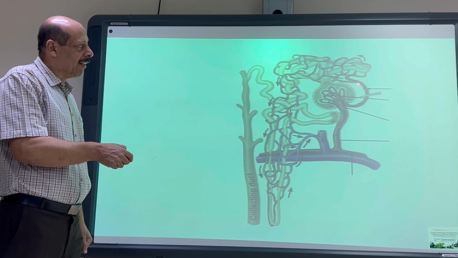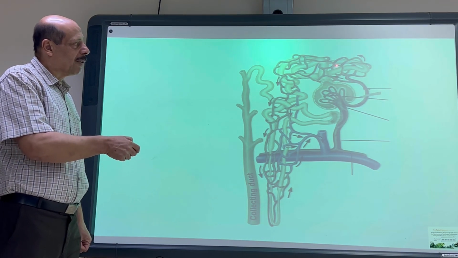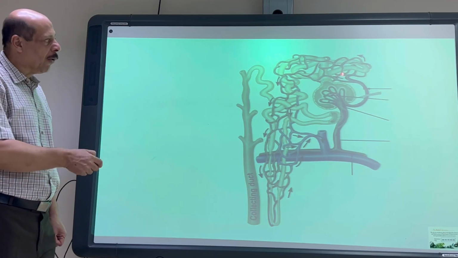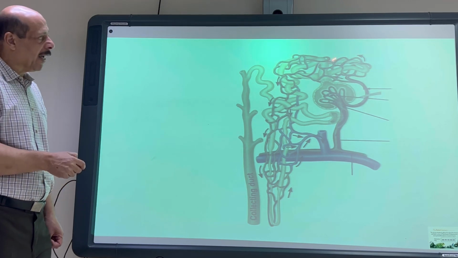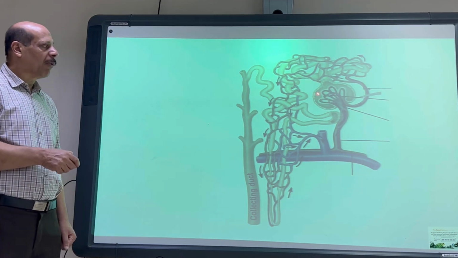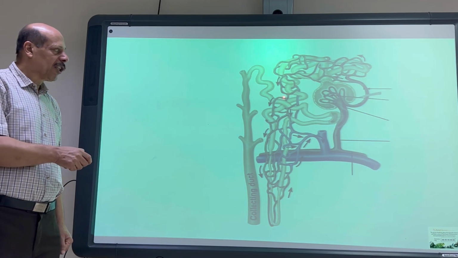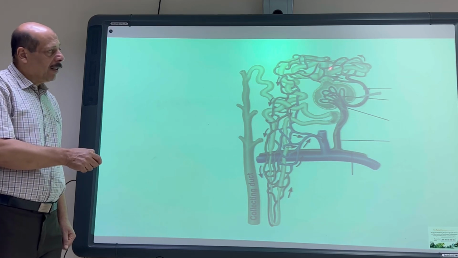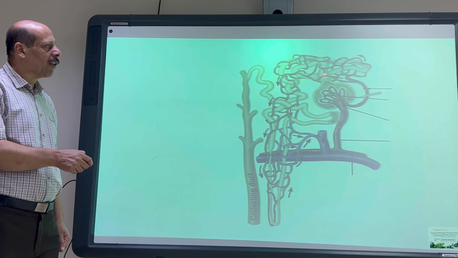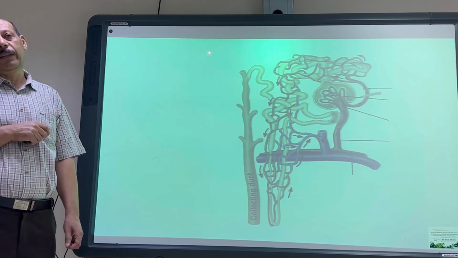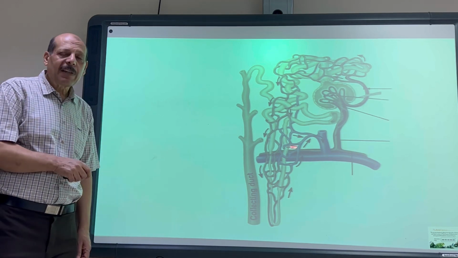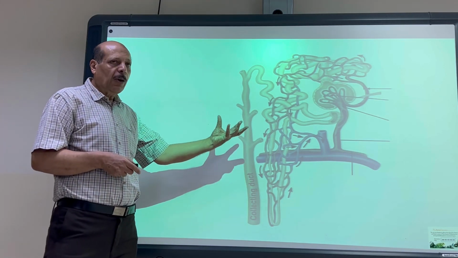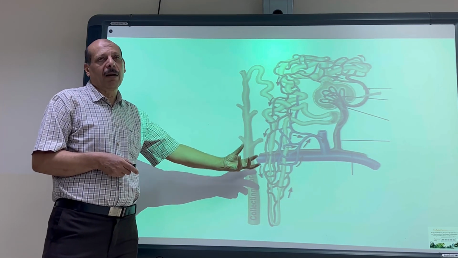Then it will go out and go around all the loops, all the parts of the tube which is coming out from the glomerulus, from the proximal convoluted tubule to the loop of Henle, to the distal convoluted tubule, and back to the collecting duct. So the blood vessels are going around all of them, and a huge network of capillaries is there.